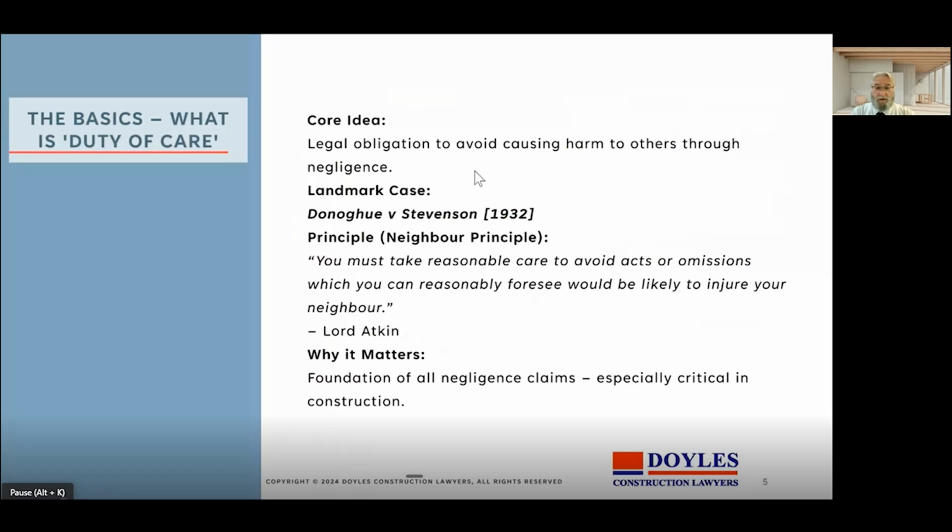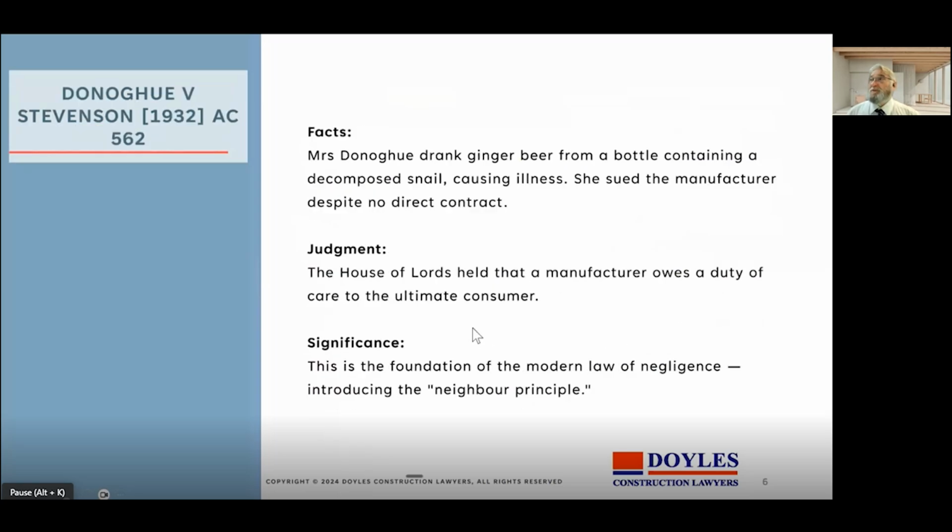And then she said, well, the manufacturer owed me a duty of care to provide me with safe food. And it's that case that ran forward, and it's the foundation of a lot of negligence claims that have developed since then. And the principle was that you must take reasonable care to avoid acts or omissions which you can reasonably foresee would be likely to injure your neighbour. And that's Lord Atkin's seminal statement of the principle.